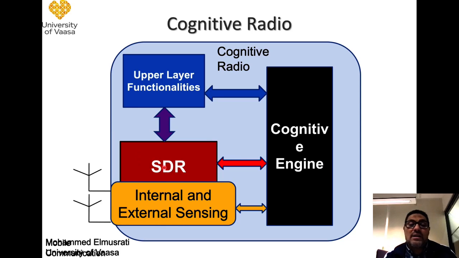We have here a software defined radio, because we need a radio that can move from spectrum to spectrum easily, to find and track where the free spectrum is in order to use it. Then we have the cognitive engine here in order to have an idea of how the spectrum is, or how the external environment and the interference structure outside the node is.